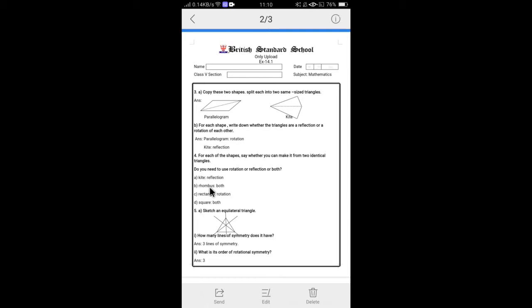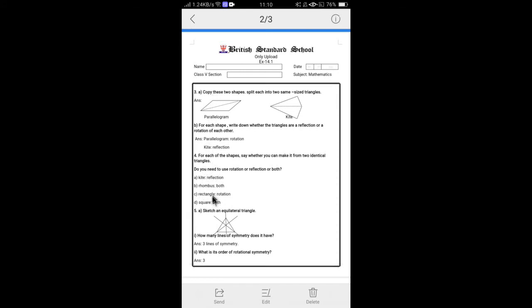That's why, when we cut a rhombus along a diagonal, the exact opposite side comes, so it is a reflection, and rotation can also work. I told you those are regular shapes with equal sides, so you can easily remember these will be both. A rhombus and a square are regular shapes, all their sides are equal, so rhombus and square are both: reflection and rotation are possible.